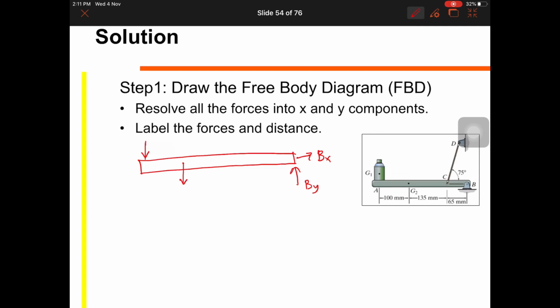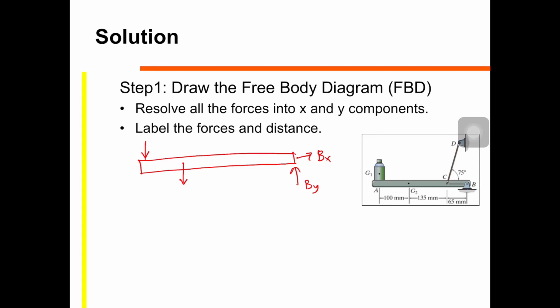Remember, for a pin you have two forces, in X and in Y; for a roller you have one force. If you have a roller symbol like this, you only have one force. What else? For the member CD, since this is a two-force member, you have this kind of force, only one direction and one force, FCD.